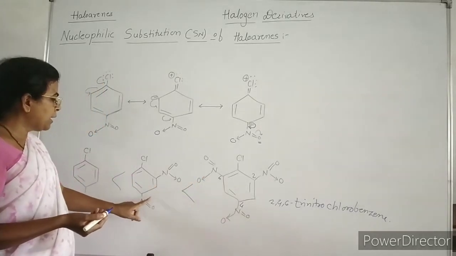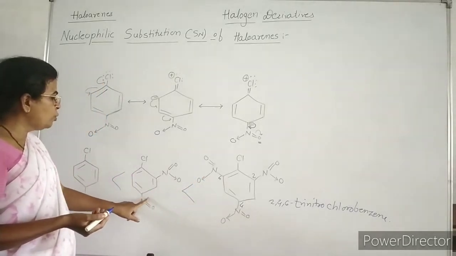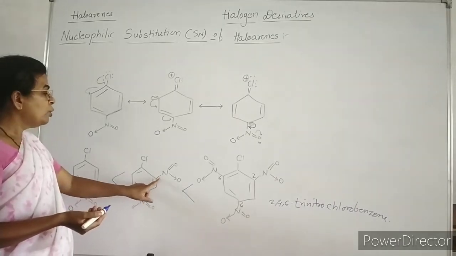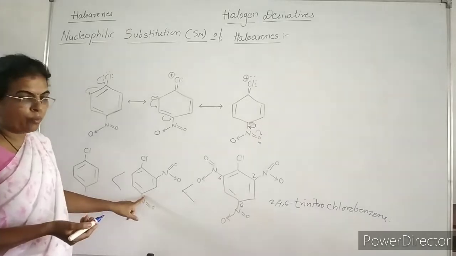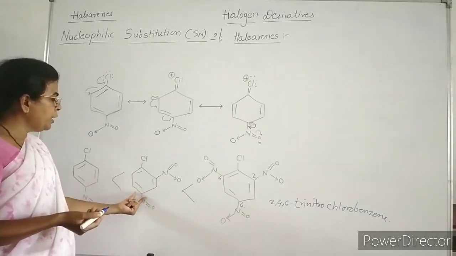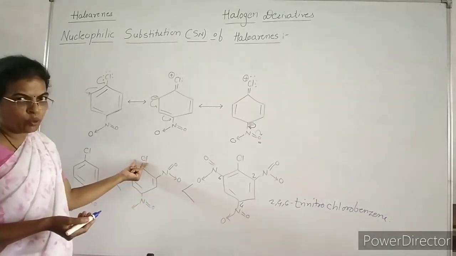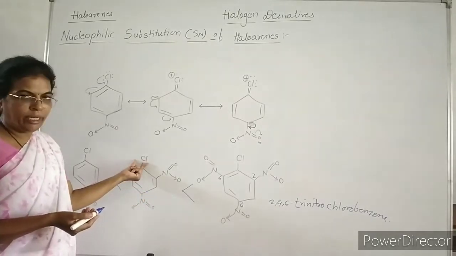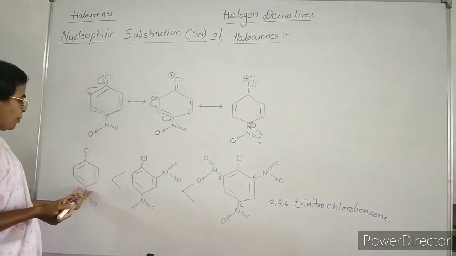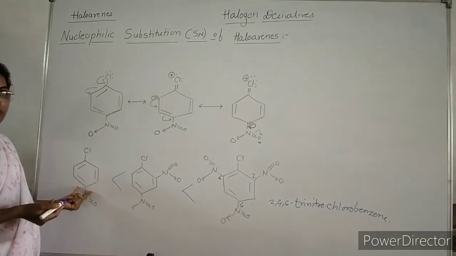Then here this is the second example. Here there are only 2 nitro groups at 2 position and at 4 position, that is, this is 2,4-dinitrochlorobenzene. Now here the number of electron withdrawing groups decreases, therefore nucleophilic substitution also decreases. Here this compound is 4-nitrochlorobenzene.